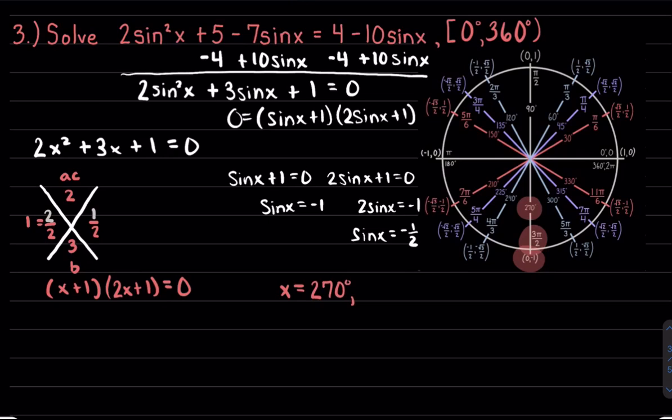And then sine is equal to negative 1/2. The y value is negative 1/2 over here at 210 and down here at 330 degrees. So that means we have 270 degrees, 210 degrees, and 330 degrees.